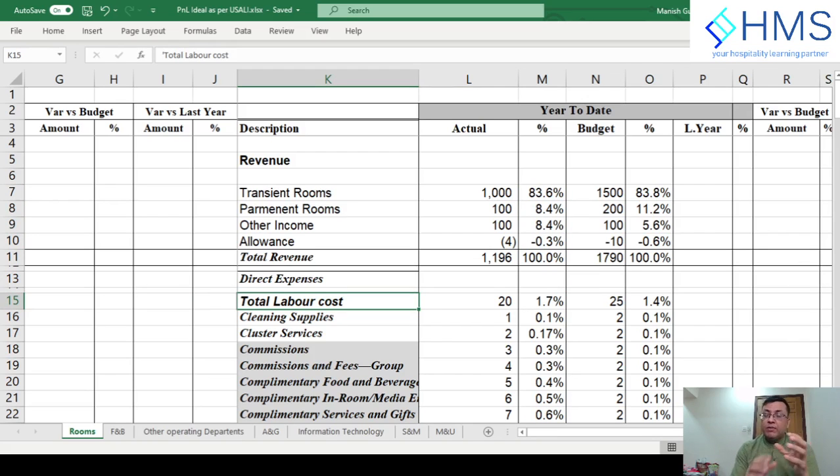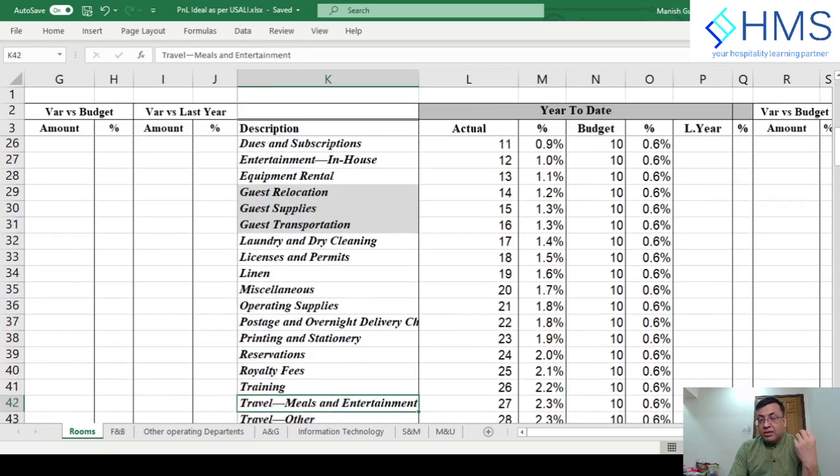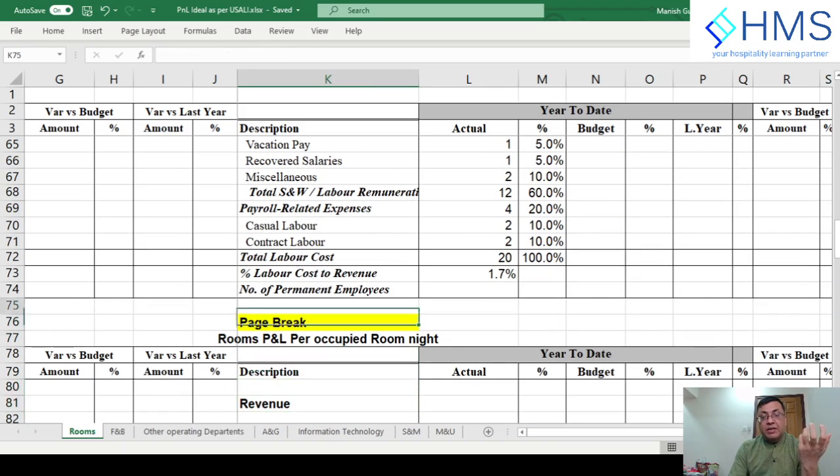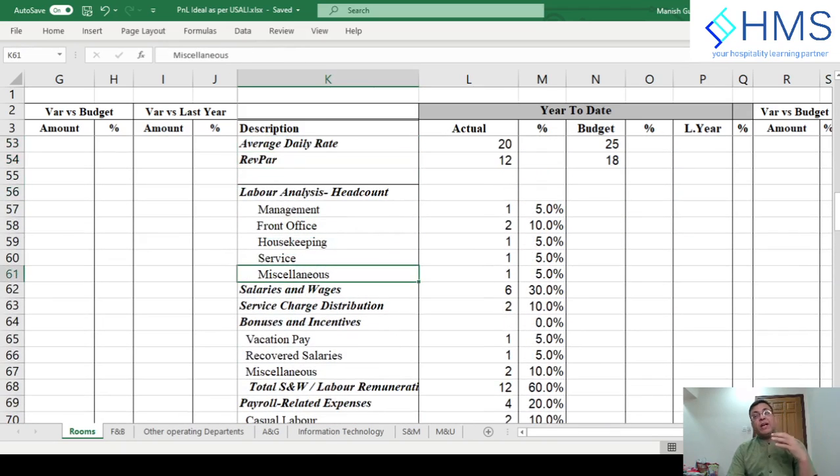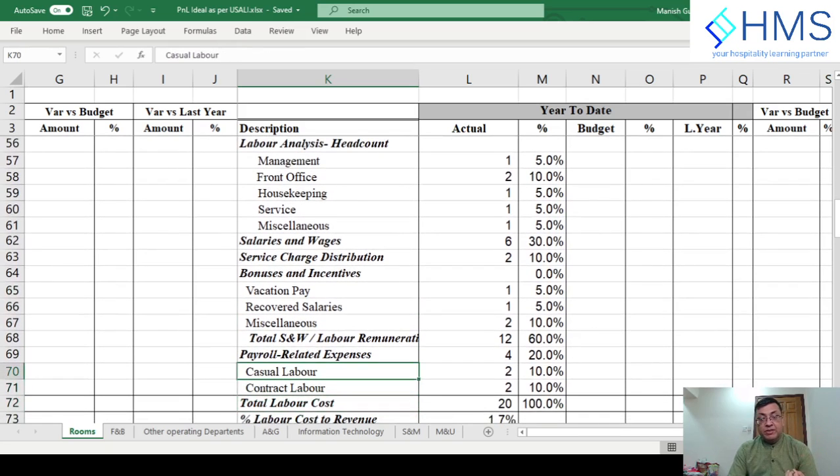However, for the sake of simplicity and to make it easier to read the expenses, I have taken only the total labor cost into the main P&L, and then there is a breakdown of this labor cost in the same format as USALI, so that we can understand the management labor cost, front office, housekeeping, service, miscellaneous. Then you have service charge distribution, bonus and incentives, vacation pay, recovery salary, miscellaneous. Then you have payroll related expenses, and you have casual and contract labor.